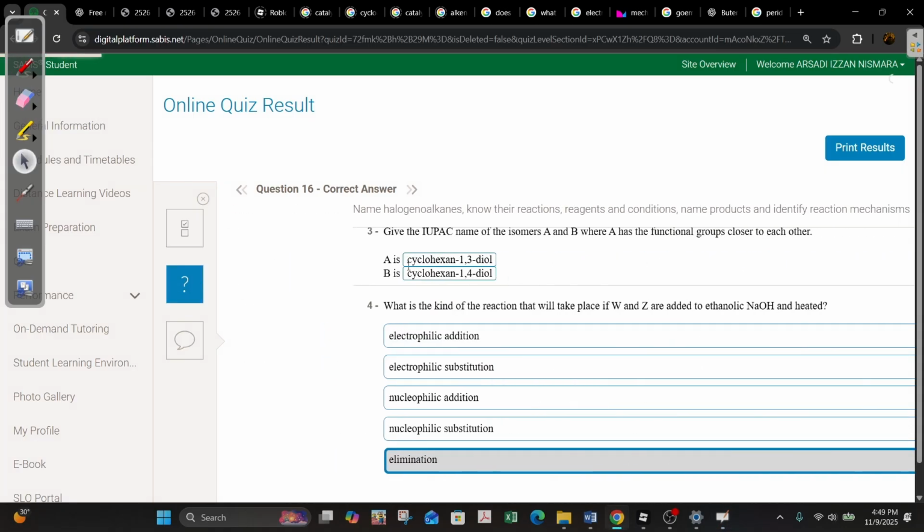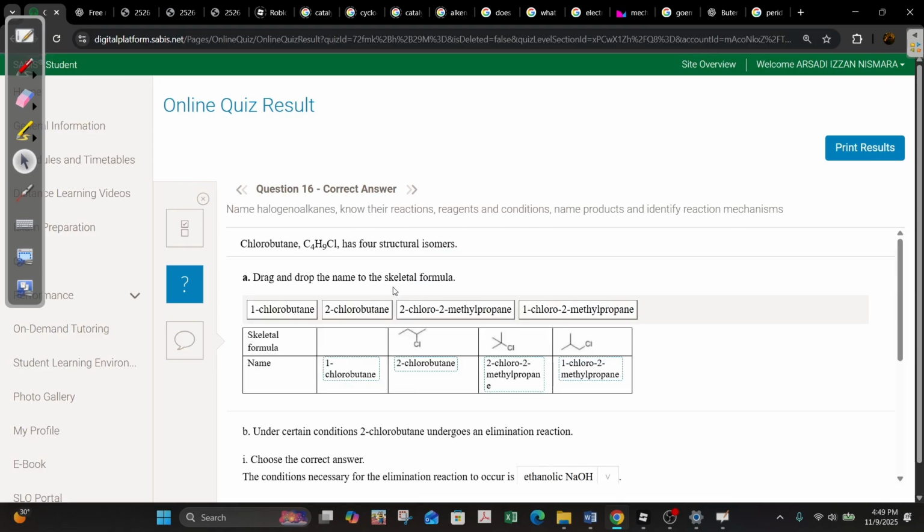Question 16. Okay, this one you just have to know, I guess, like, just name the compound. So it's methane, ethane, propane, butane. Chloro is on the first branch. 2-chlorobutane. Take the longest chain, methane, ethane, propane. And there's a 2-chloro, 2-methyl. And you take the longest chain here as well. Methane, ethane, propane. Oh, my bad.